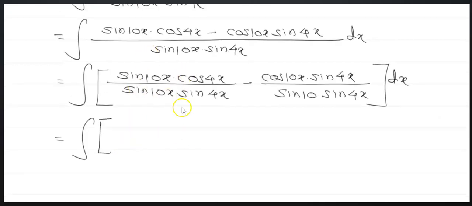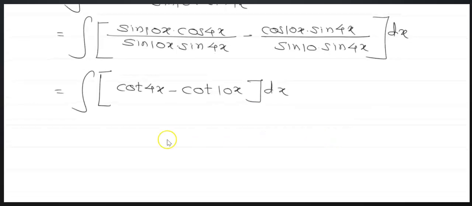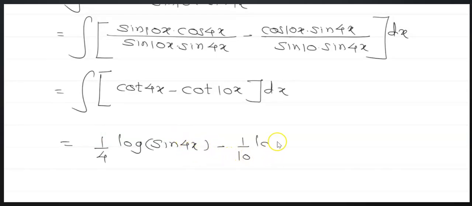You will get the integral of cos upon sin, which is cot of 4x. And here sin of 4x gets cancelled, giving cot of 10x dx. And their integrals are 1 by 4 log of sin of 4x minus 1 by 10 log of sin of 10x plus c.